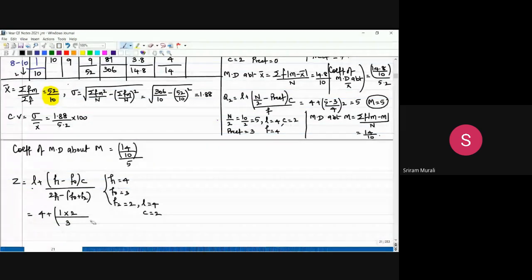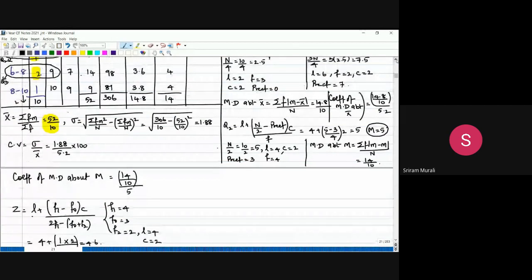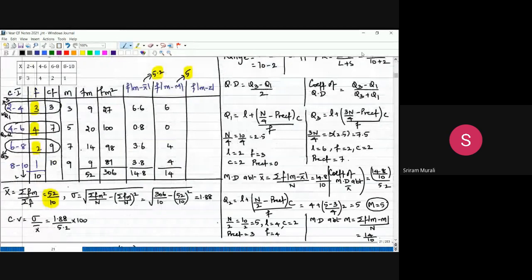If I simplify, the answer is 4.6. So my Z is 4.6. You know this is the mid value.